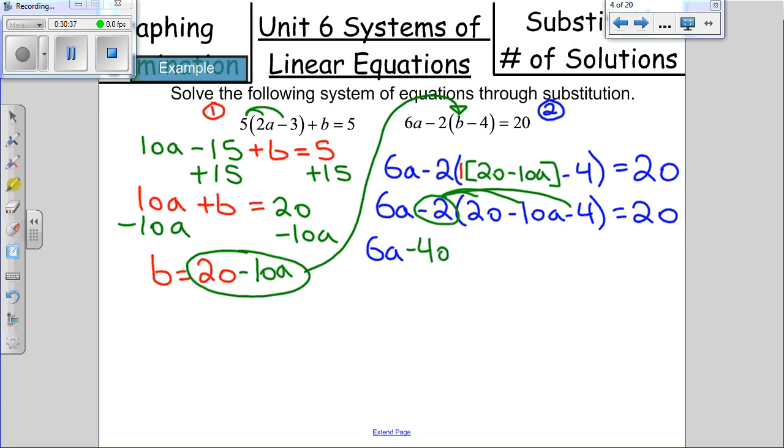And then plus 8 equals, I've done all my multiplication. Now I want to collect any like terms that are on the same side as the equal sign. On the left side of the equal sign, I can combine my a's. I can also combine my constants. That'll give me 26a minus 32 equals 20.